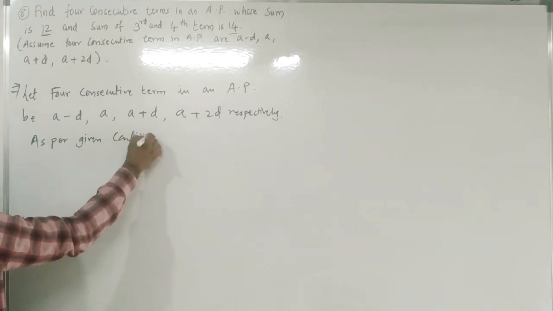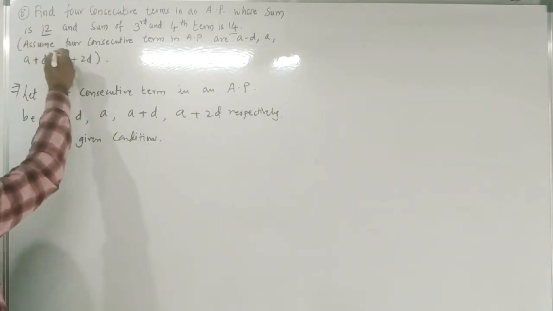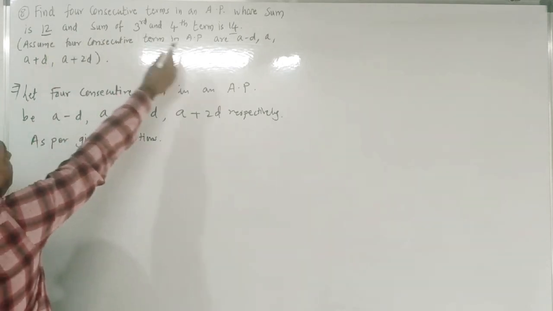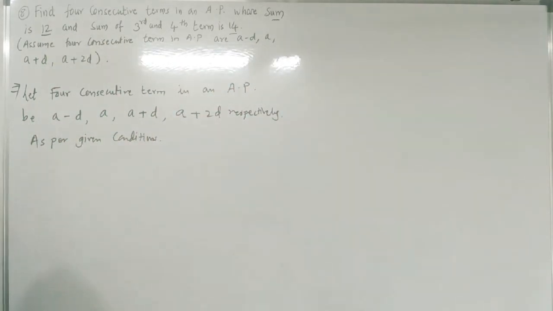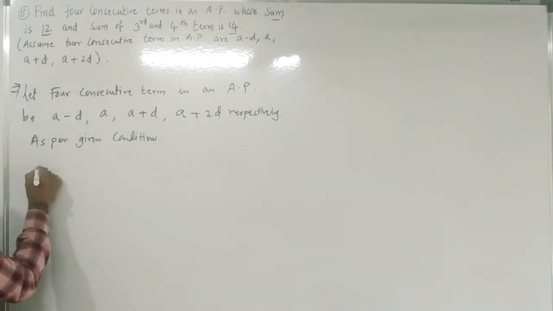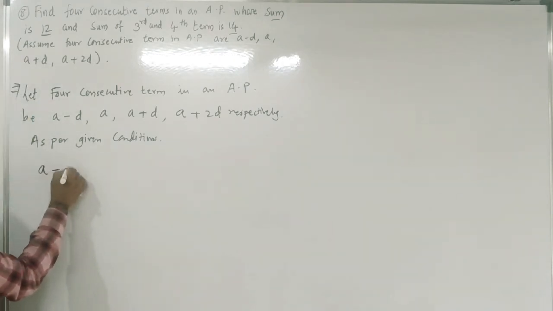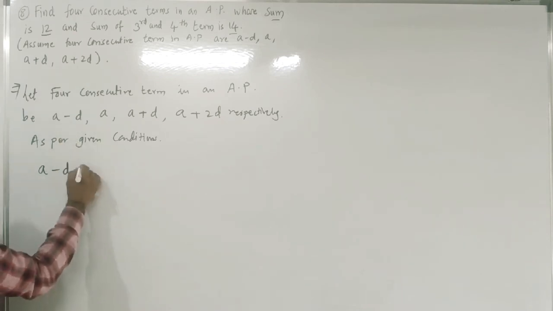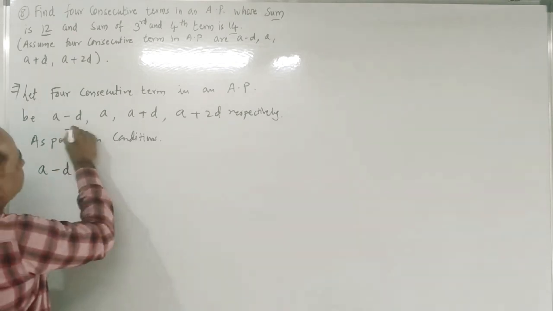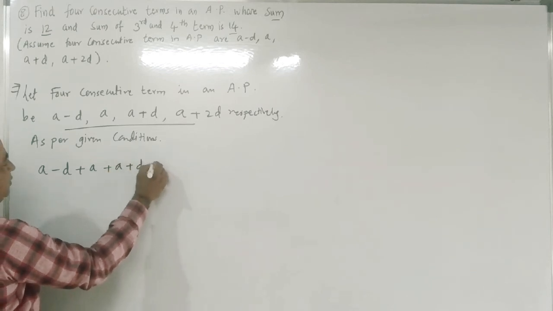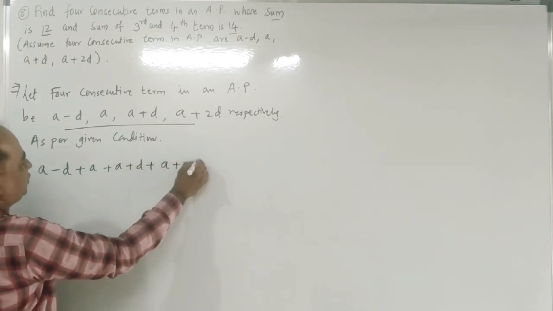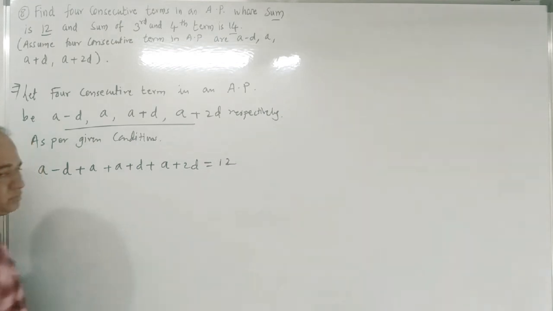conditions, there are 2 conditions given here. So, first condition is the sum of 4 terms is 12. So, sum means we have to add all these terms: A minus 3D plus A minus D plus A plus D plus A plus 3D is equal to 12.